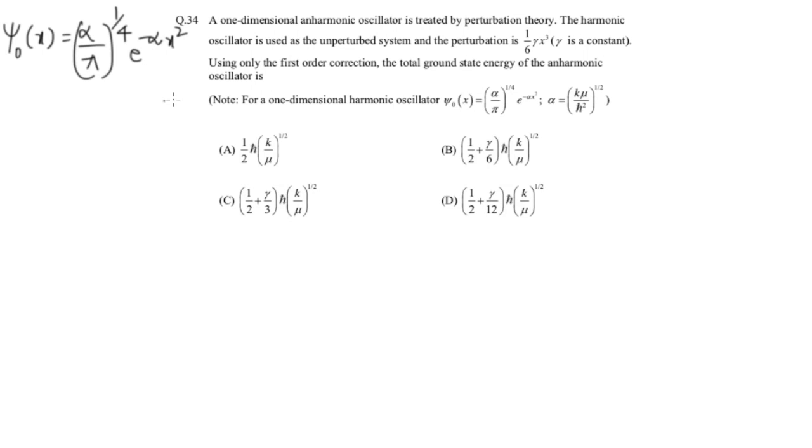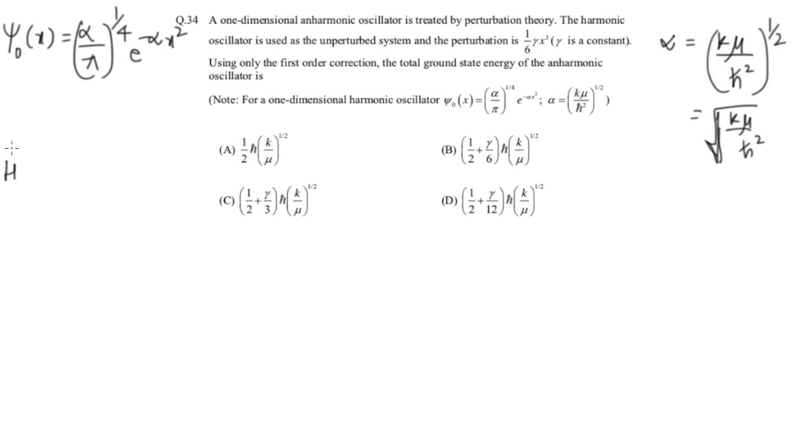This is your psi naught, where alpha is (k mu by h cross square) to the power 1 by 2, or you can write it as under root k mu by h cross square. So this is what your alpha is. Now first of all, we all know that according to perturbation theory, for the harmonic oscillator, the Hamiltonian for the ground state is given by this.